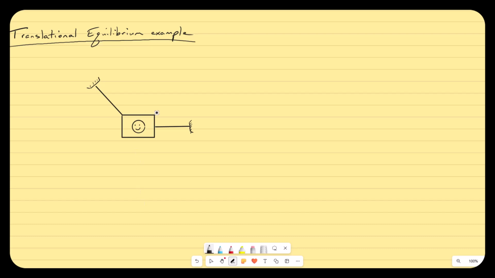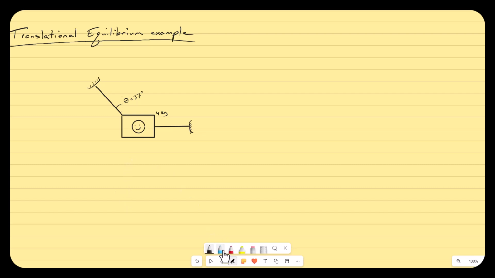Maybe this picture has a mass of, we'll make it a heavy picture, 4 kilograms, and we know that this rope hangs at an angle of 37 degrees with the vertical.